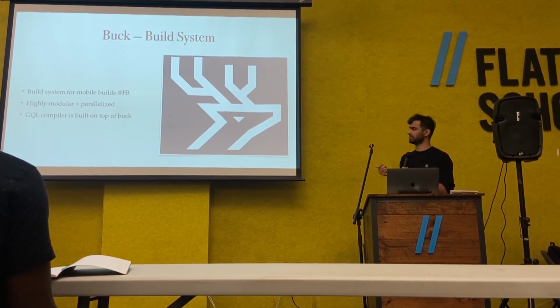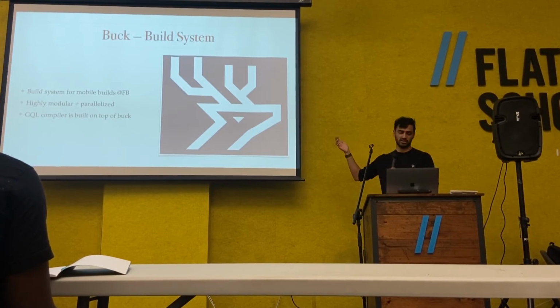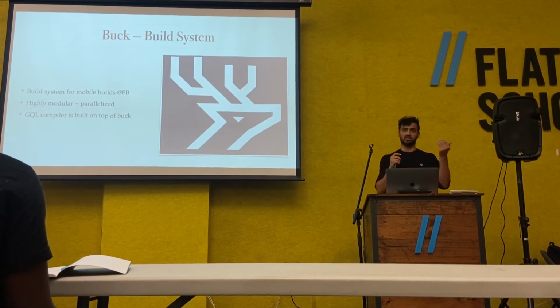It's similar in a way to a lot of the other build tools, like what you have in JavaScript is Grunt, and then you have Groovy for Android. It's another modular build system. Buck is very heavily predicated on Blaze, which is what Google built. It is the internal build system that all the mobile builds at Facebook use. And the GraphQL compiler is heavily built on top of Buck.